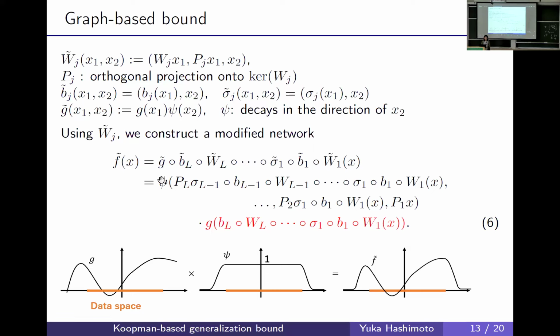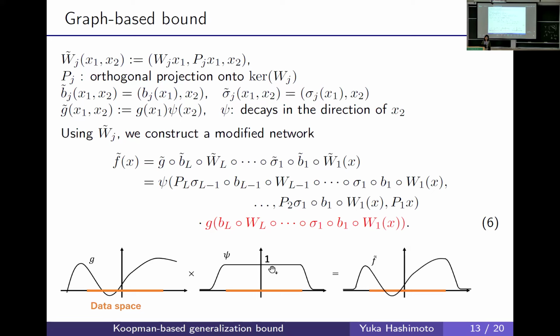By using these functions and operators, we have a slightly modified neural network, F tilde, like equation number 6. We have two parts, and the red part is the original neural network. We also have the psi function here.